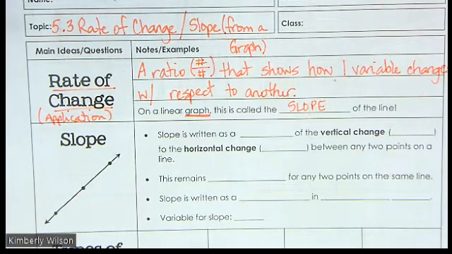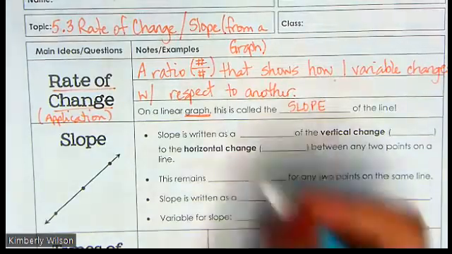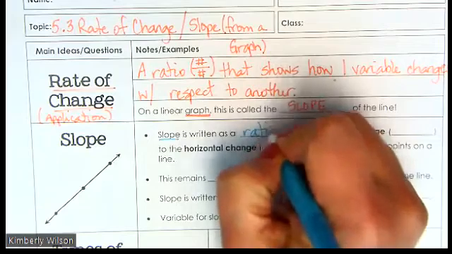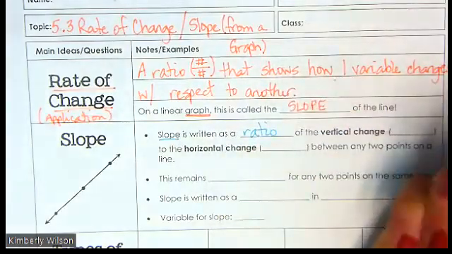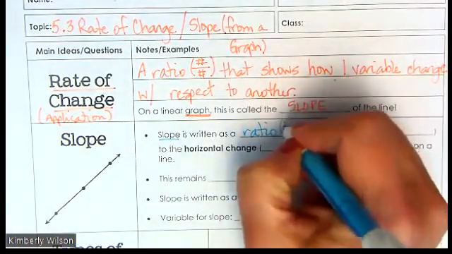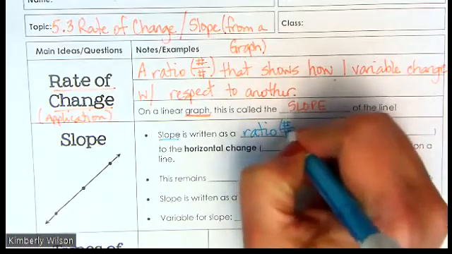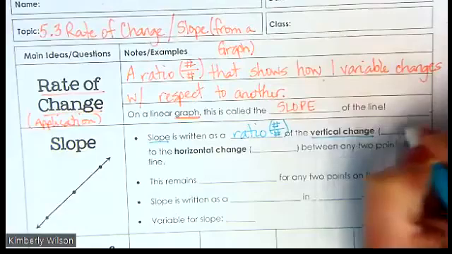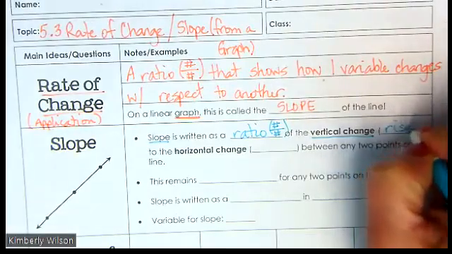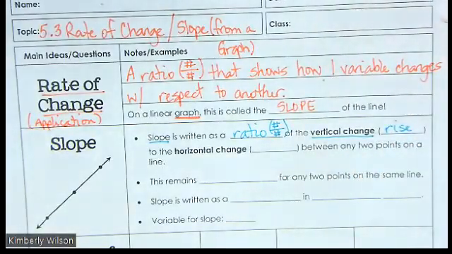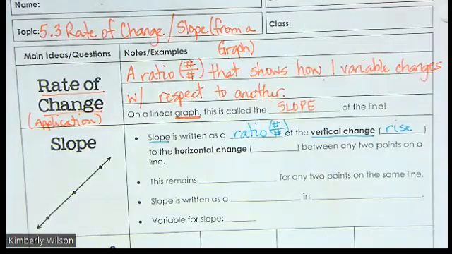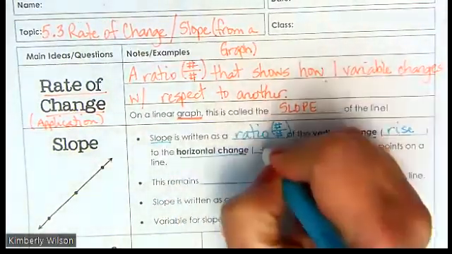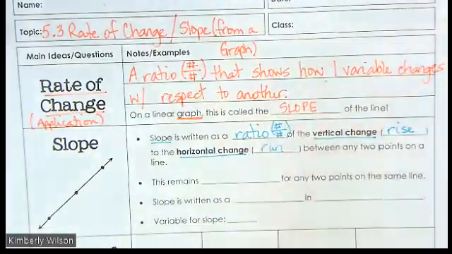Slope is written again as a ratio. Remember, that's a number divided by another number: the vertical change, called the rise because that's going up or down, to the horizontal change, which is the run.